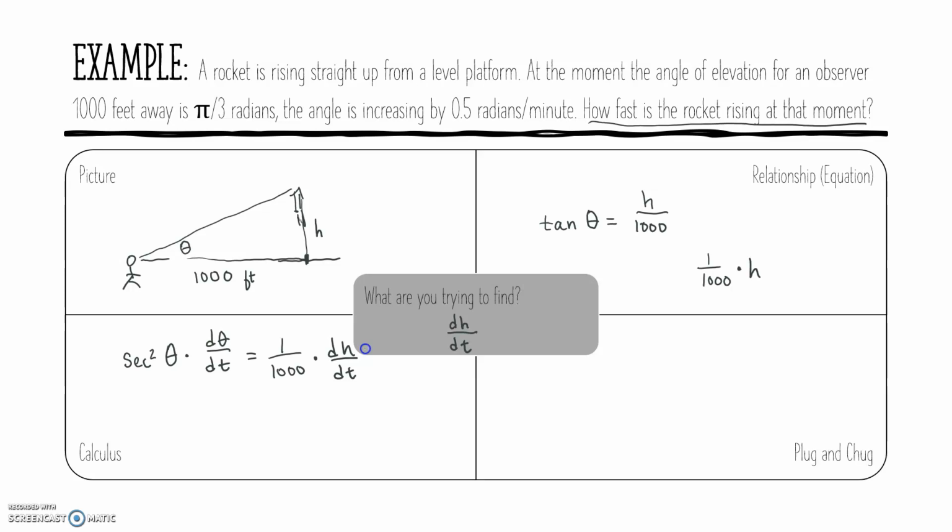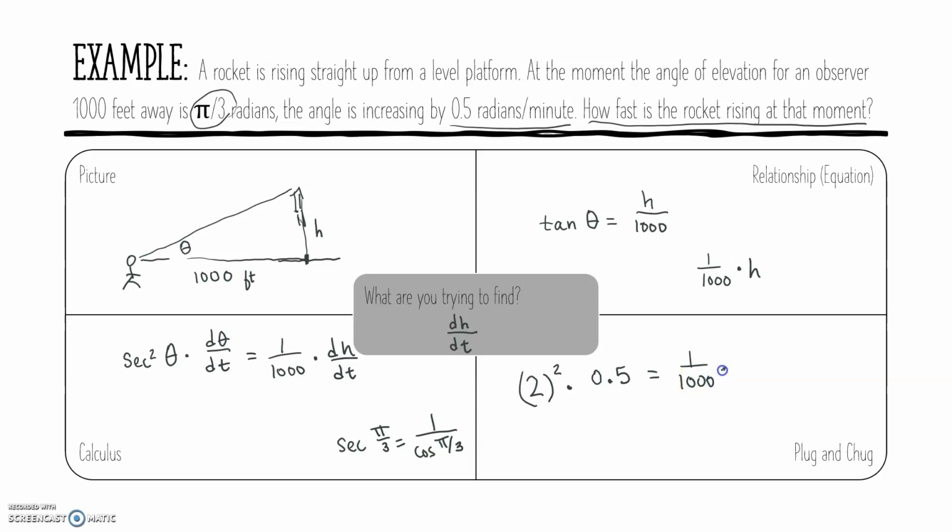Now I'm going to plug in some numbers. So I have secant squared when it's pi over 3. So secant of pi over 3 is 1 over cosine of pi over 3. And isn't cosine of pi over 3 a half? Yeah, so secant would be 2. So this would be 2 squared times d theta dt. Oh, we've got that 0.5. 1 over 1,000.